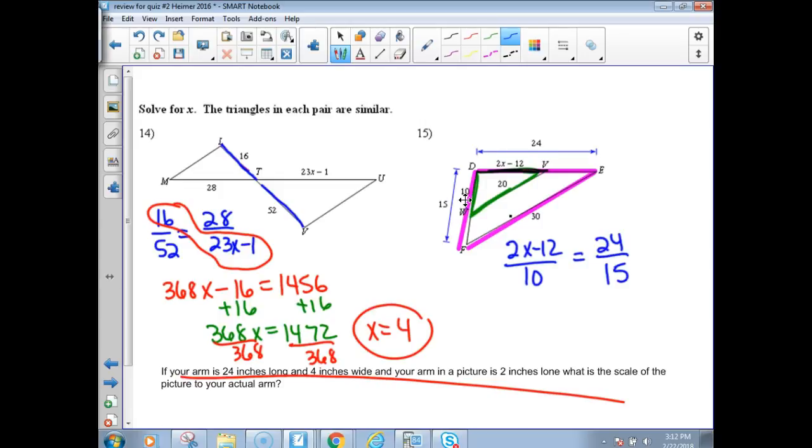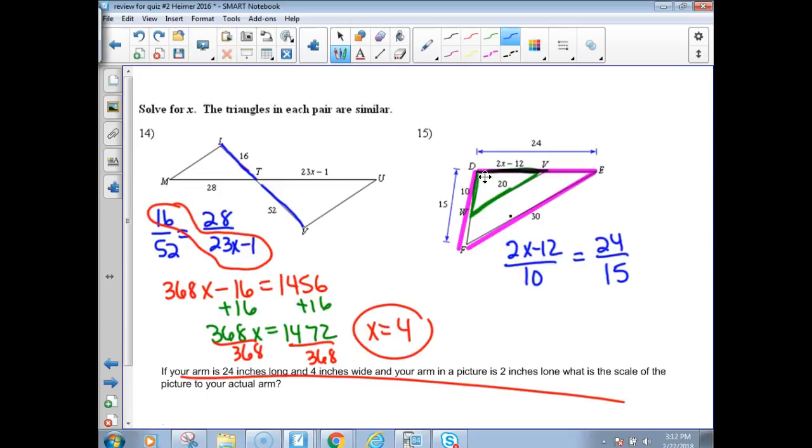That'll work. 2x minus 12 over 10 equals 24 over 15 is a fine way to do the problem. You also could have done 20 over 30 instead of 24 over 15. No, you couldn't. I said that goofy.